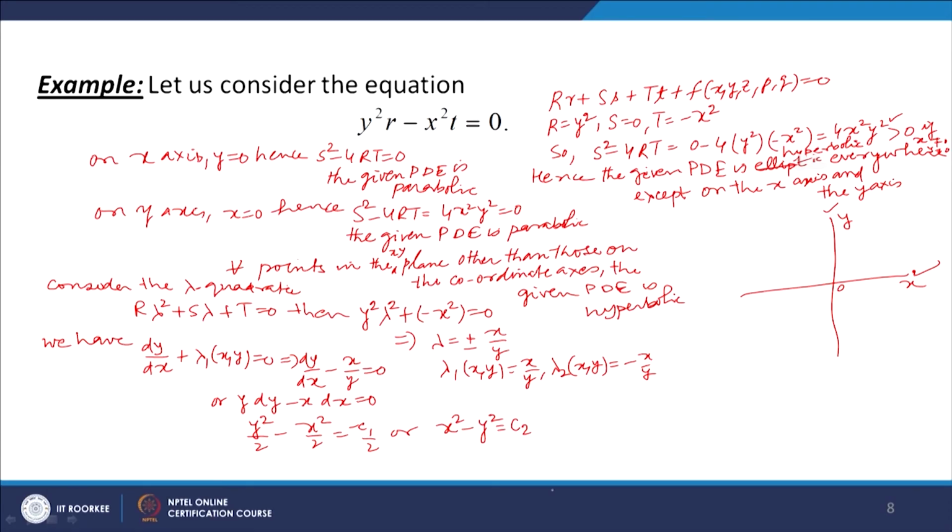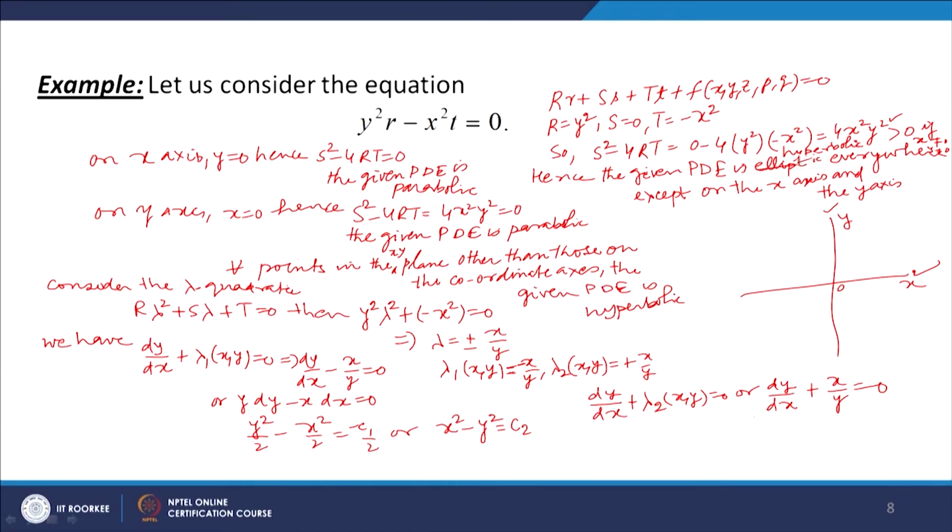Now, if you take the other characteristic equation dy over dx plus lambda 2 equal to 0, here we had taken lambda 1 as x over y, now we take lambda 2 as minus x over y. So this is dy over dx plus x over y equal to 0.